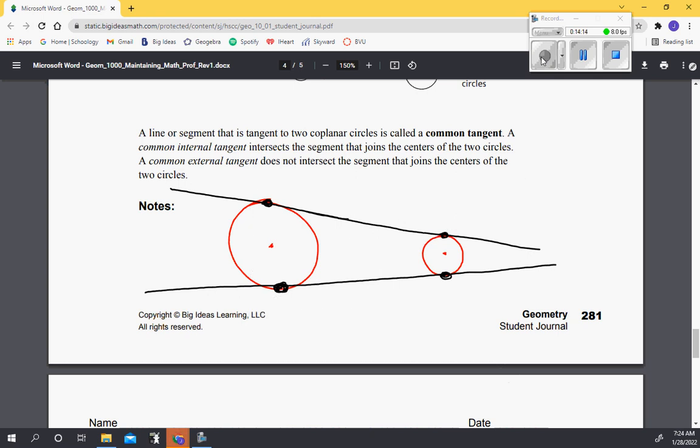I'll delete that line. It goes kind of like this. I'll pretend that's only touching at 1 point. Or like this. There's 4 common tangent lines in these 2 examples.